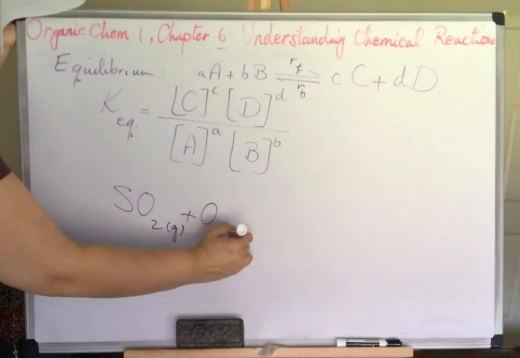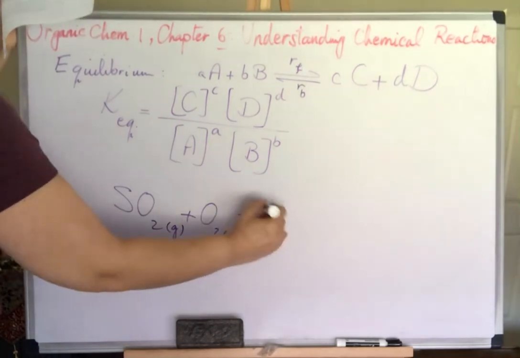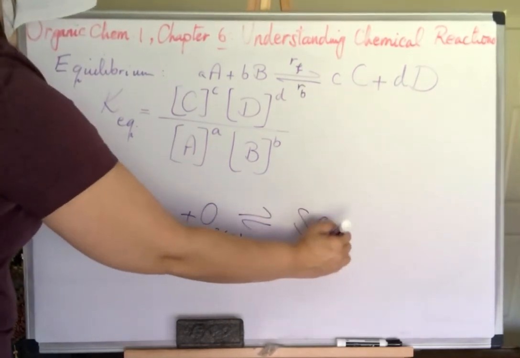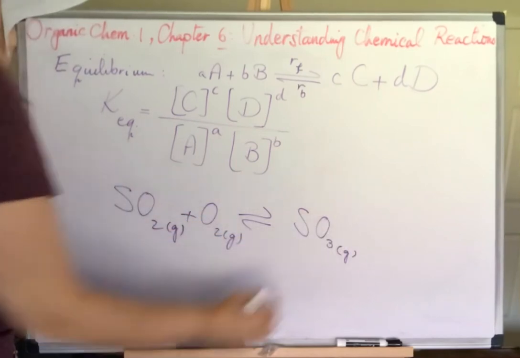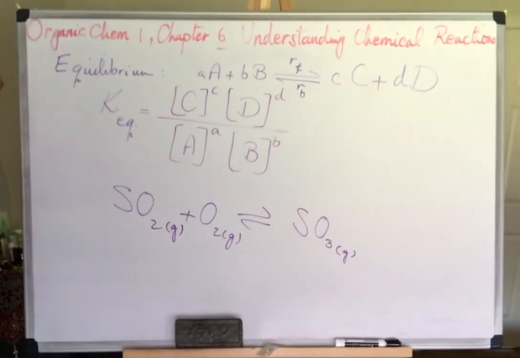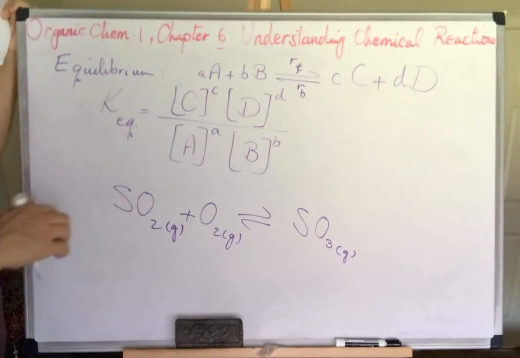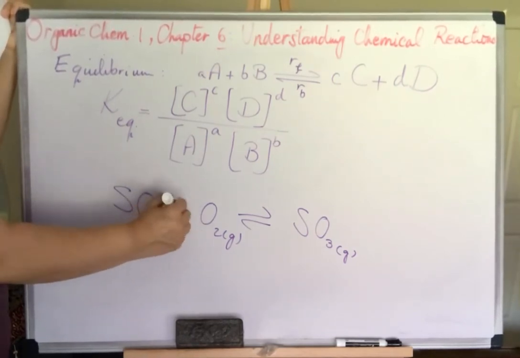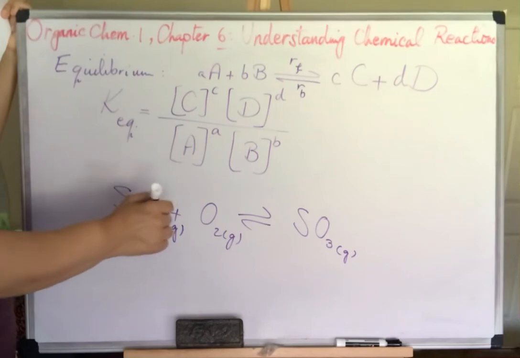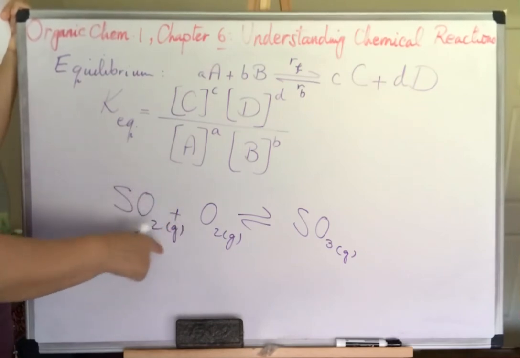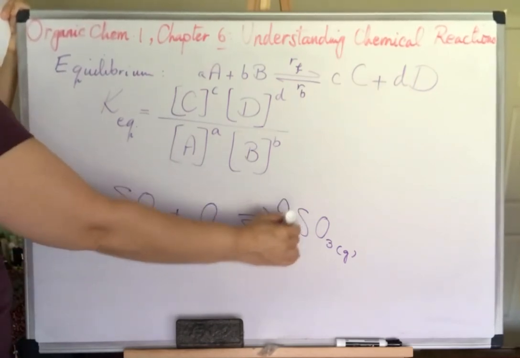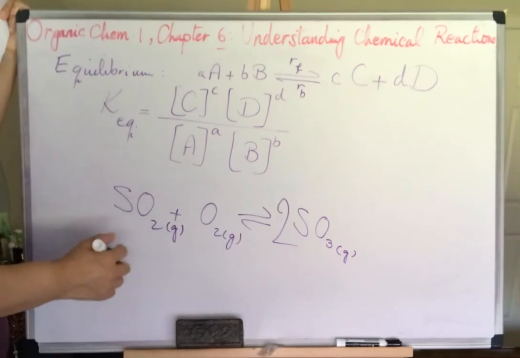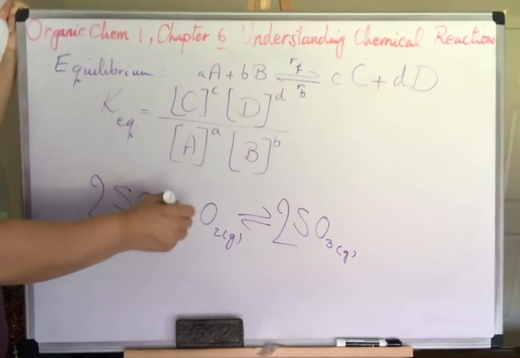I will include it for you. And it gives SO3. Before you write the K equilibrium, you need to make sure that the reaction is balanced. It's not balanced, you have to balance this equation first. You will see 4 oxygens and 3, so you put a 2 here, make it 6. Now you have 4 and 2.